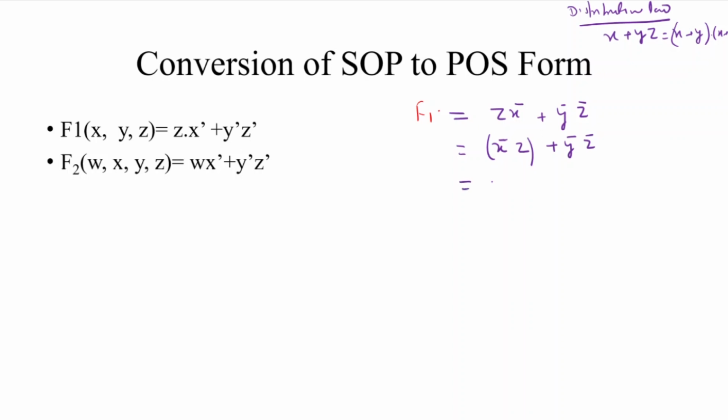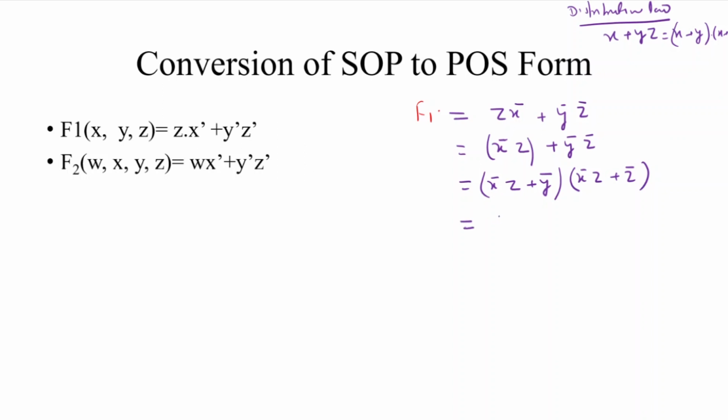This is written as x complement z plus y complement, then also x complement z plus z complement. Again, this is a single term, two terms ANDed together here. This means again we apply the distributive law here.